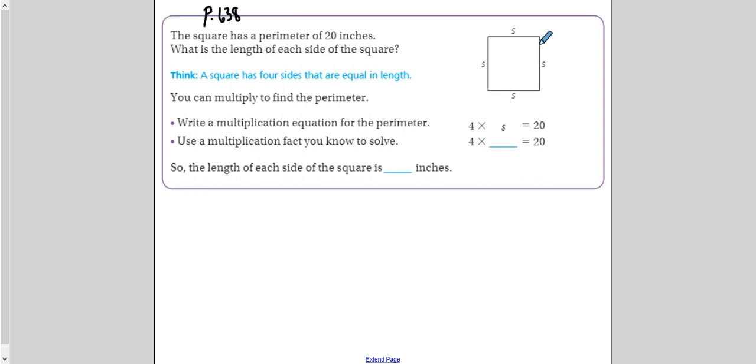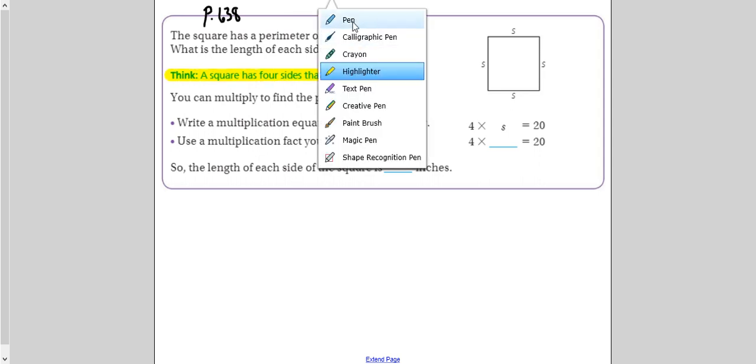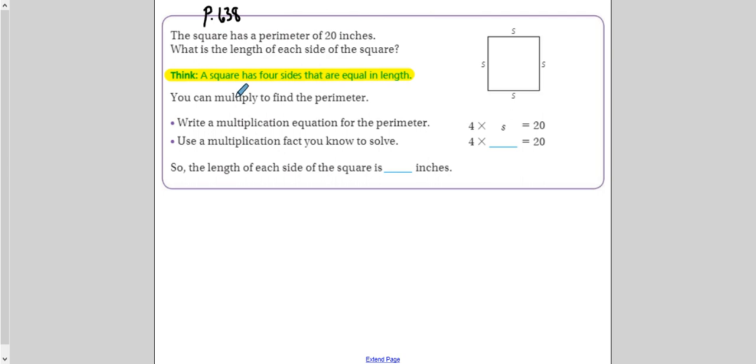Well, if we know anything about squares, it is that all four sides are equal. And that ends up being very important to help us solve this problem. So how are we supposed to find this?